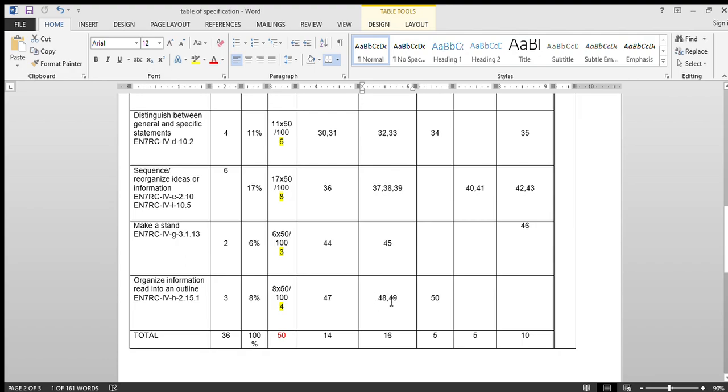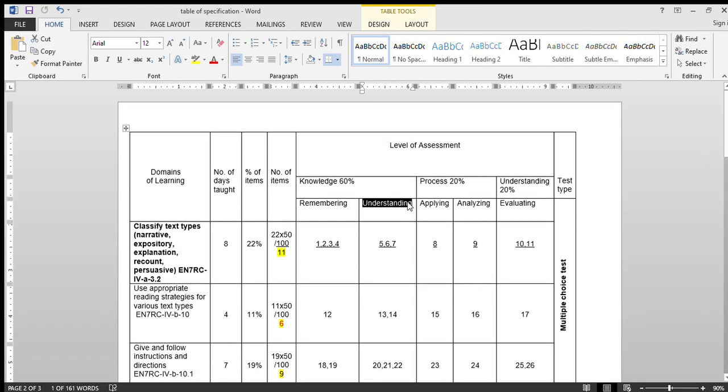So we have a total of 16 item questions, or 16 distributed number of items, for the second Bloom's taxonomy level, which is understanding.